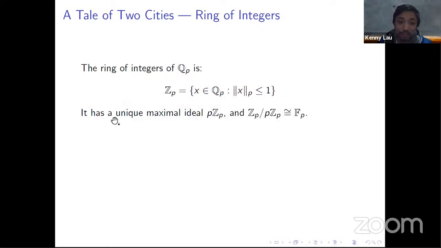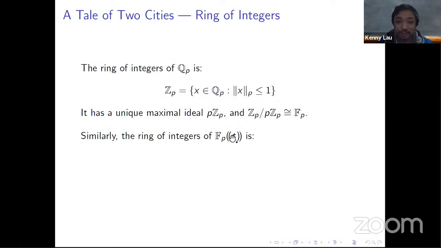It has a unique maximal ideal generated by p, which makes it a local ring. I believe that's why Q_p is related to the word local in local field, but you can correct me if I'm wrong. The residue field, which is the quotient by the maximal ideal, is F_p, the field with p elements.